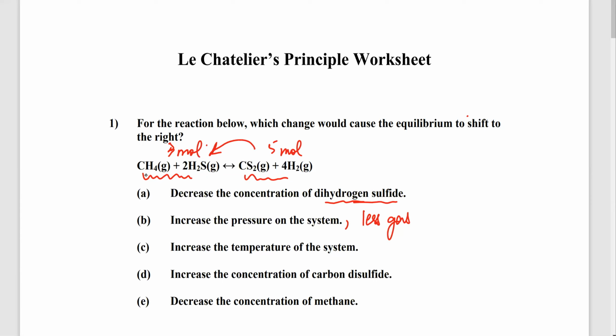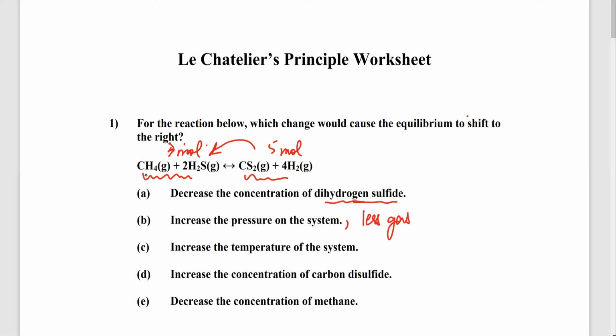Forget temperature for a second because we don't know which one is endothermic or exothermic. Increase the concentration of carbon dioxide.